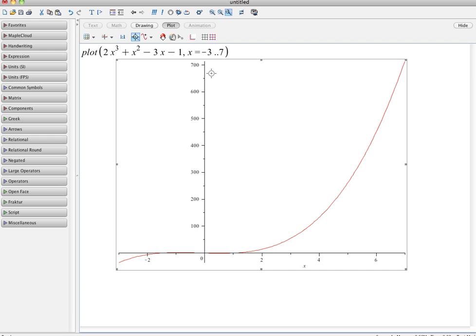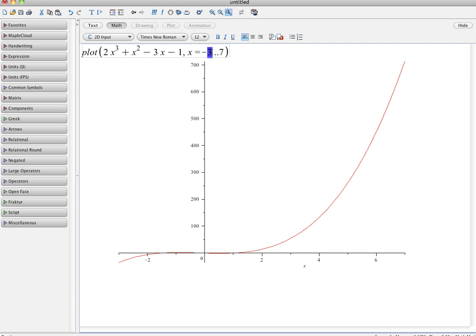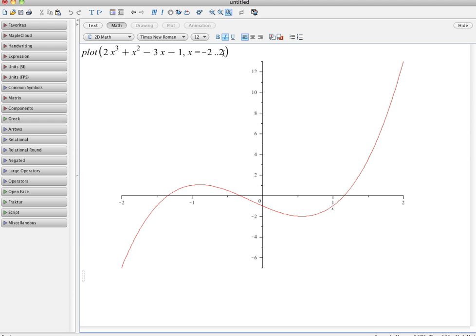So I'm going to zoom in on this guy a little bit. I'm going to go from about negative 2 to maybe 2. And now I can see what's going on a little bit here. At negative 0.8931, which was negative 1 minus root 19 over 6, right there, I have a local max, just as I claimed I did.